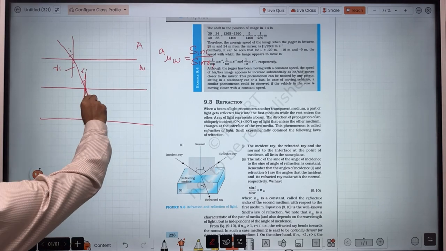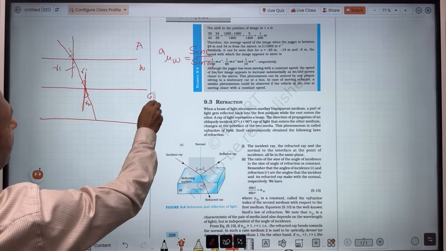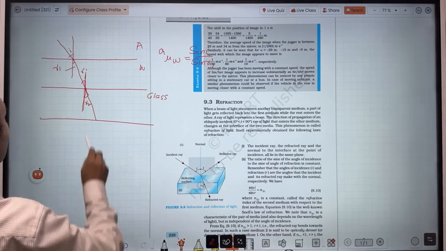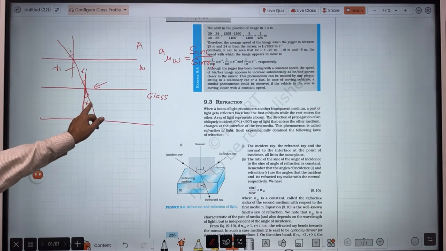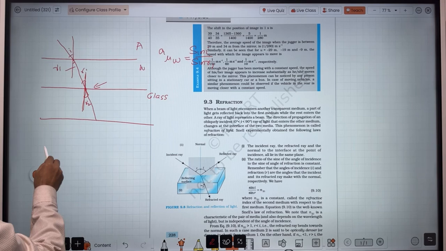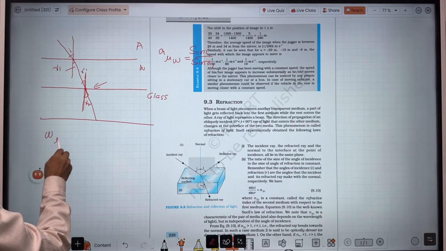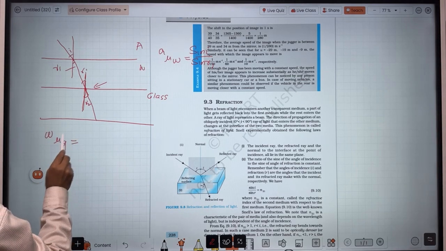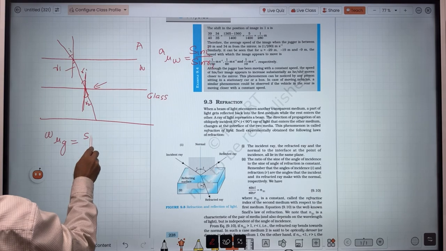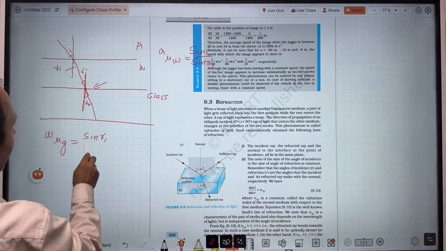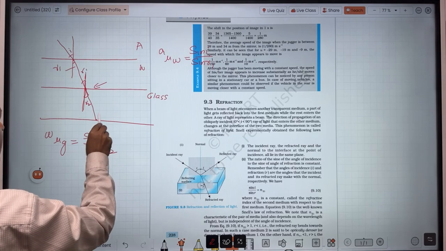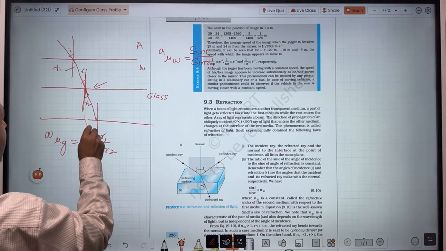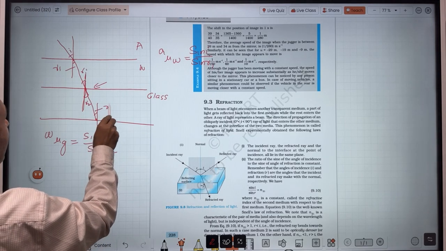It is not straight, it is a little bent. So this is glass. At this interface, what will be the formula? Water to glass. So we write W mu G equal to sine R1 divided by sine R2.